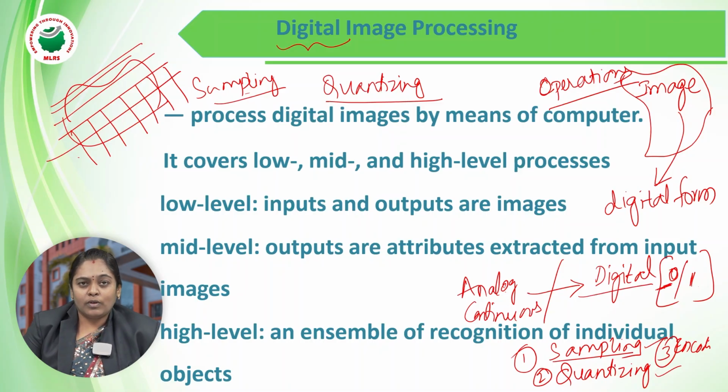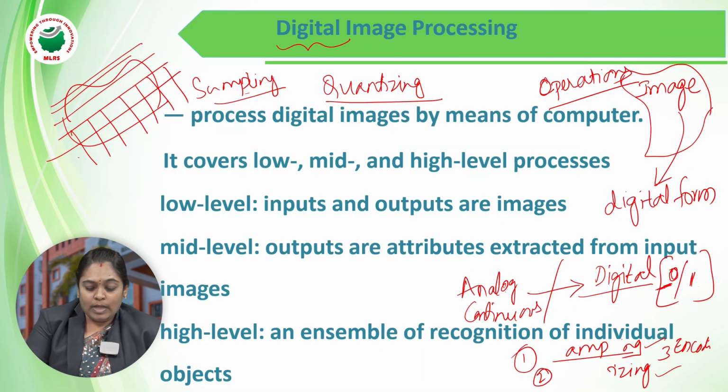If you want to perform any operation, the image should be in digital form. As a computer can understand only zeros and ones, the processing of a digital image by means of a computer is called digital image processing.